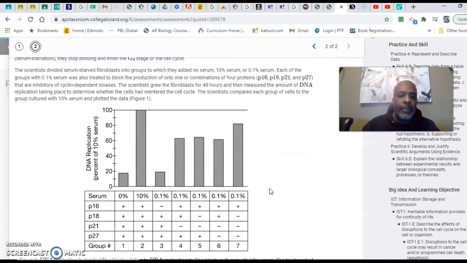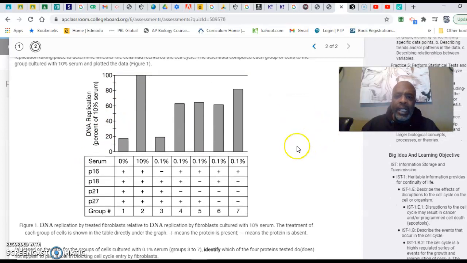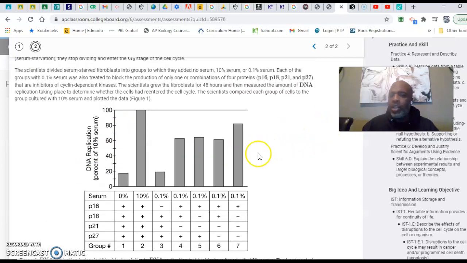So we're looking at this data, and it's kind of tricky. The plus or minus down here, for P16 to P21, tells whether this protein, also a kinase inhibitor, is present or not. What effect does that have?